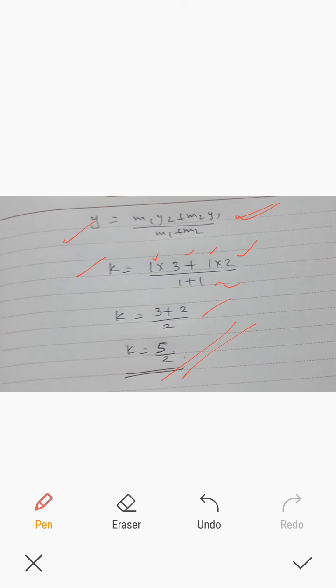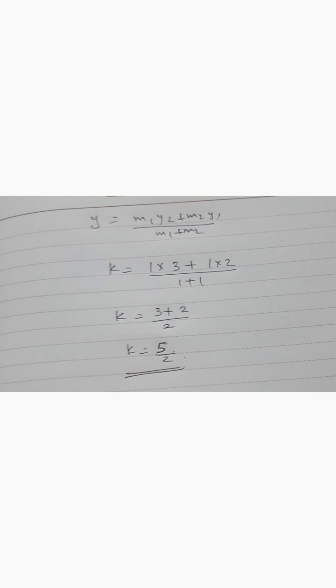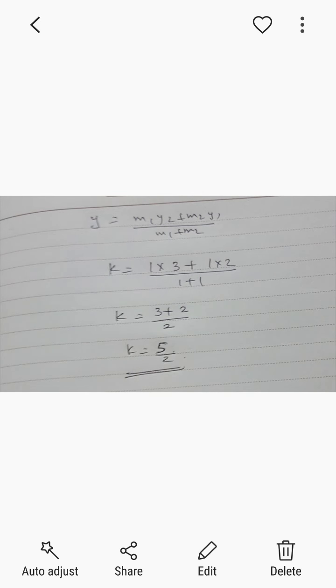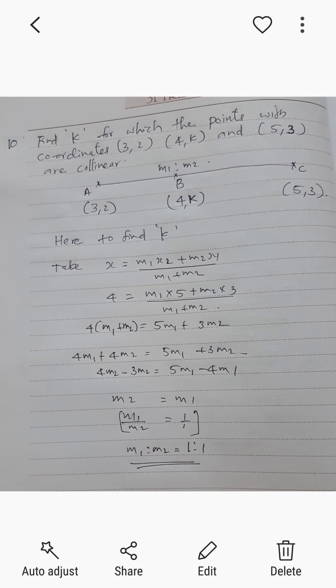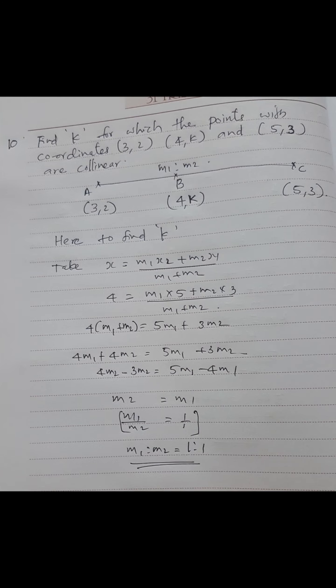So the y coordinate of the point of division is 5 divided by 2. That means the coordinates of B are (4, 5 by 2).